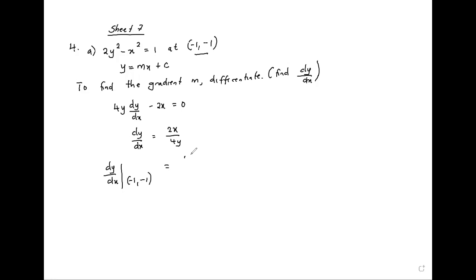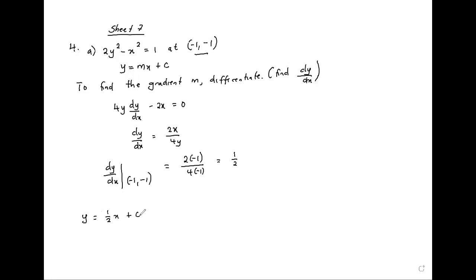So it will be 2 by -1 over 4 by -1, giving us 1 over 2. So this is our m. So we go back to y is equal to m, now with our m known, plus c.